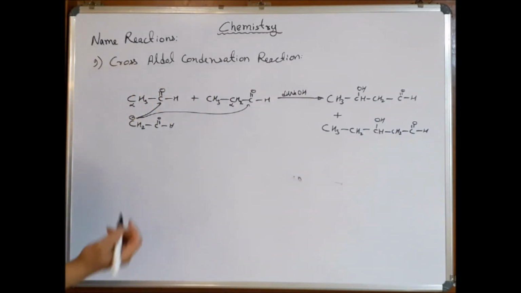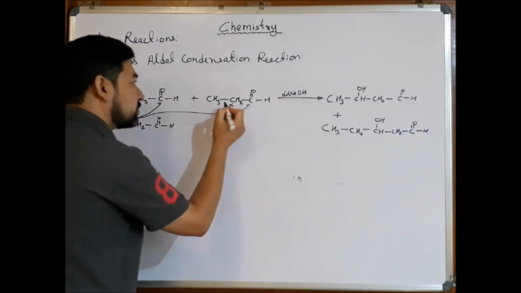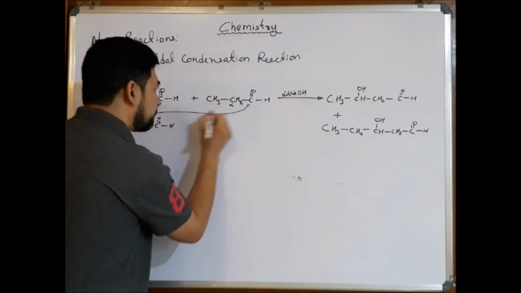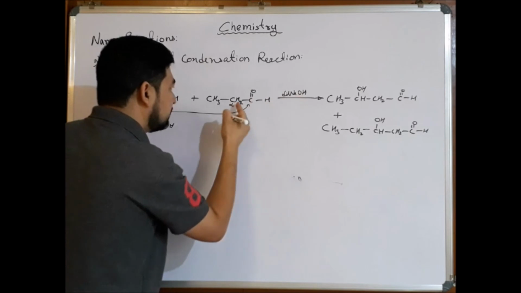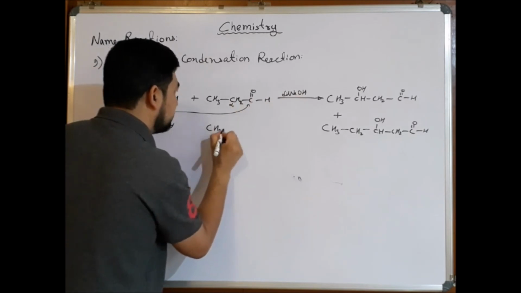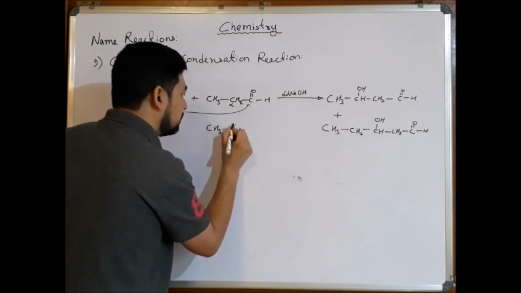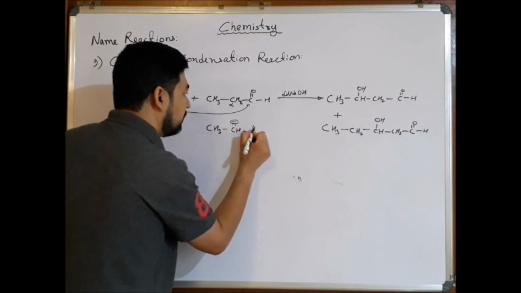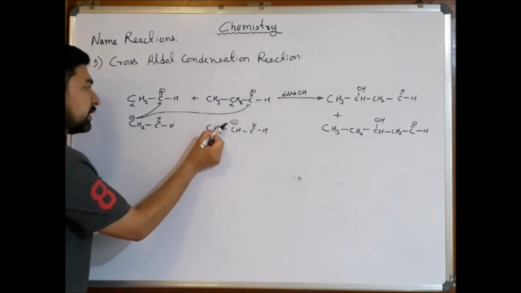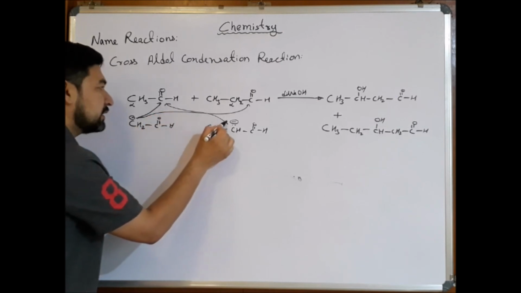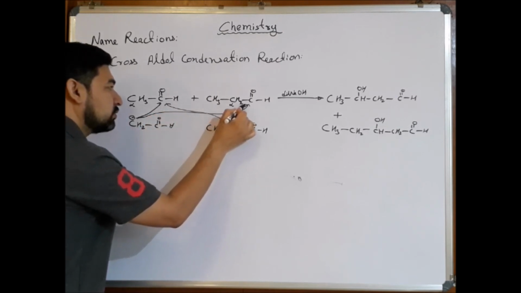Again, there is an equal probability that it can abstract this other alpha hydrogen also. If it abstracts this alpha hydrogen, then this becomes CH negative C. Now again it has two options. It can attack here or it can attack its own counterpart.